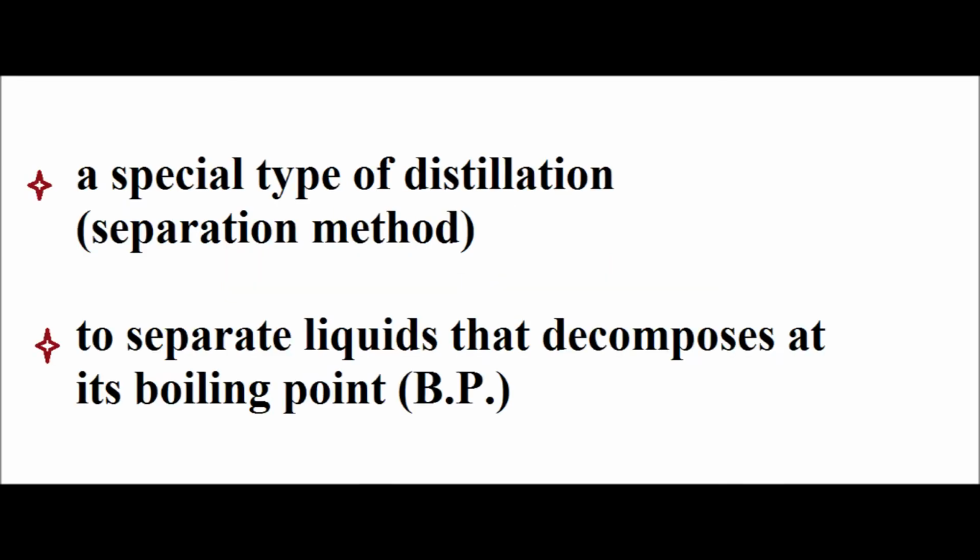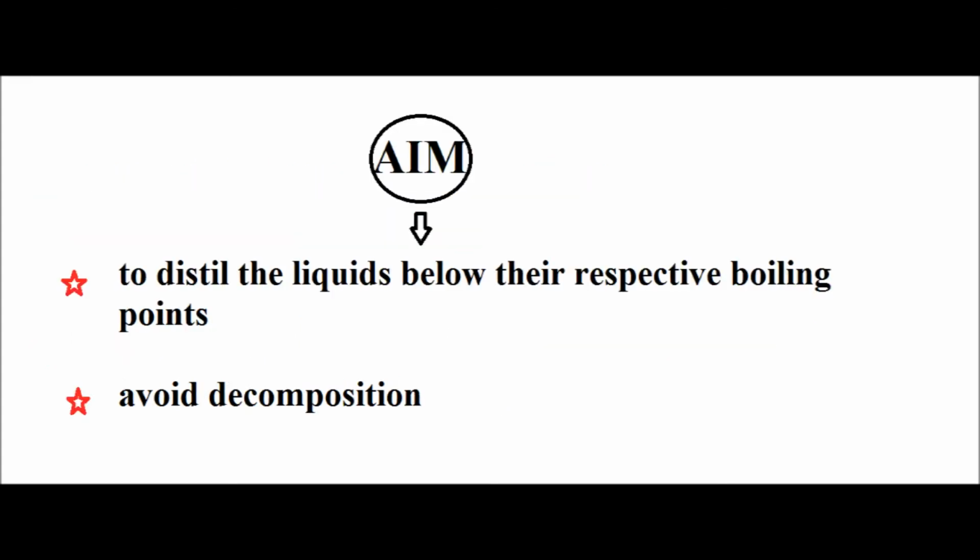So steam distillation is a special type of distillation which is required to distill or separate liquids that decompose at their boiling point. And simple distillation is mainly aimed to distill the liquids below their respective boiling points without decomposition of their respective compounds.